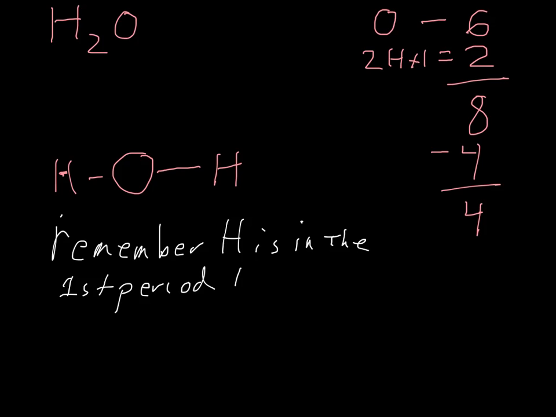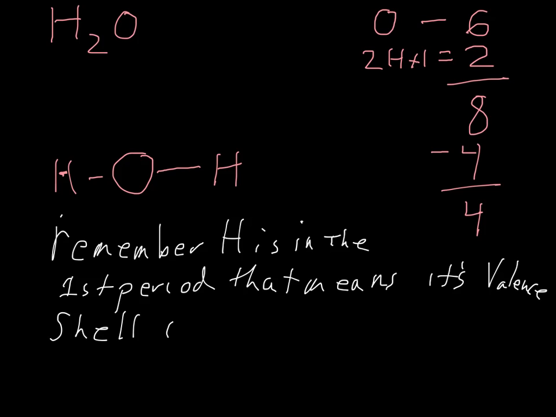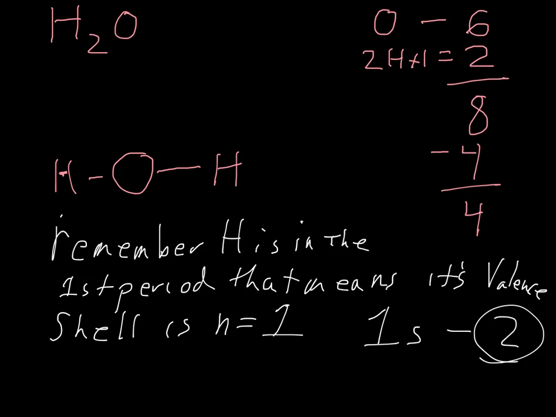That means its valence shell is your first energy level. And the first energy level only has the 1s subshell. And the s subshell can only hold 2 electrons. So hydrogen's valence shell can only hold 2 electrons. Hydrogen can only handle 2 electrons. No more! Can't take any more than 2.